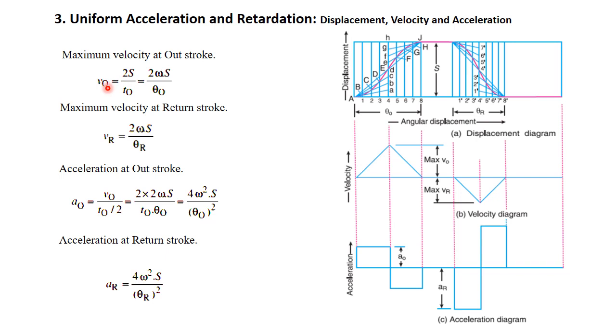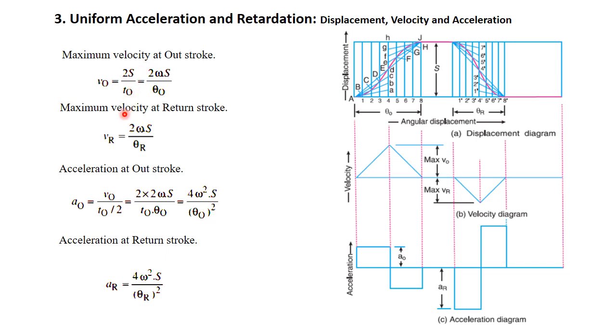So maximum velocity VO is equal to twice S by TO, and TO can be computed as theta naught by omega, that is displacement upon velocity. So here 2 omega S by theta naught is the maximum velocity of the outstroke.